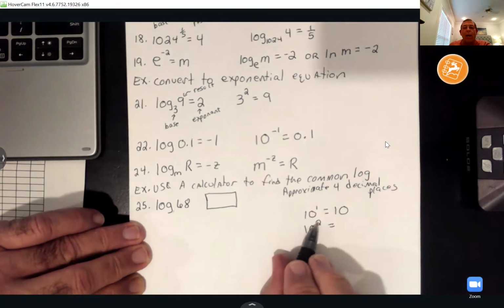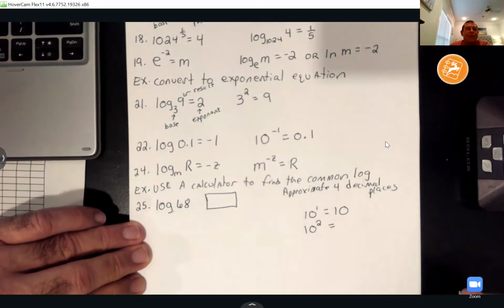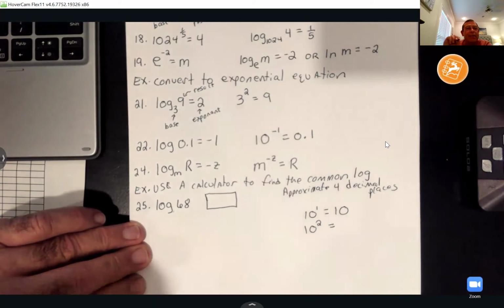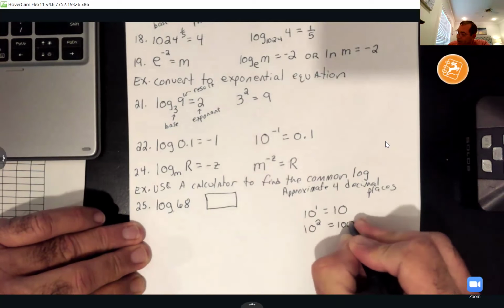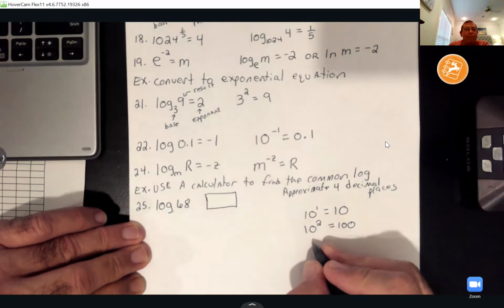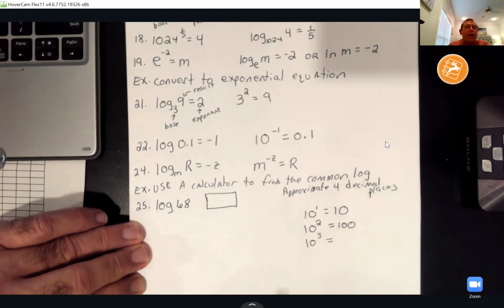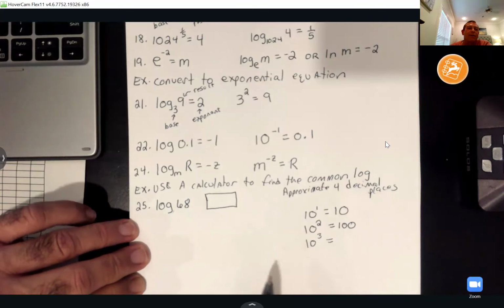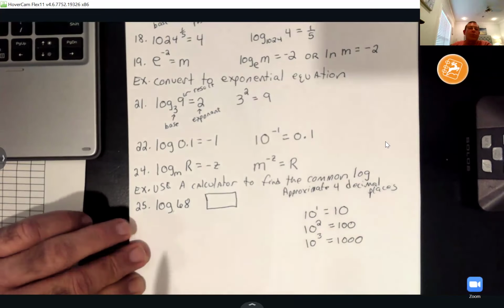What does 10 squared equal? All right, so 10 times 10 is 100. And I'll even do one more. 10 to the third. What is 10 to the third going to give you? So 1,000.